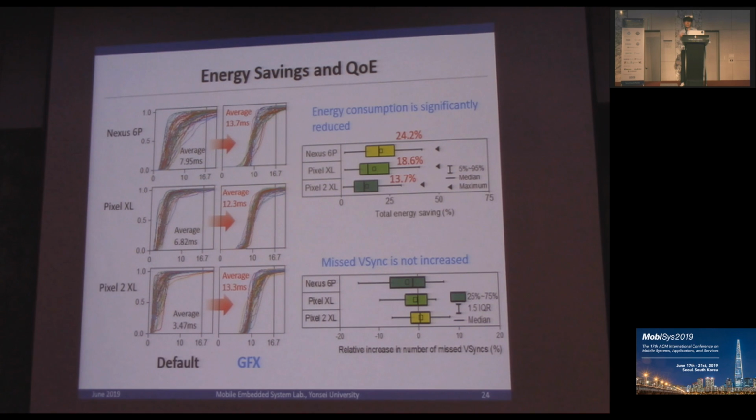And after that, we evaluated the effectiveness of our GFX governor in 2 aspects: energy saving effect and the quality of user's experience. And as shown in the left graph, the GFX governor successfully delayed the completion of the frame rendering near the deadline.